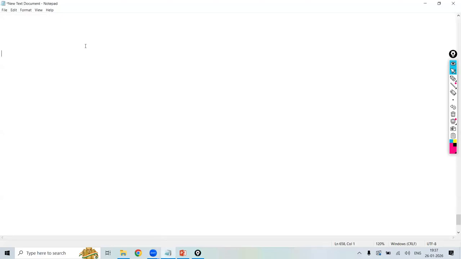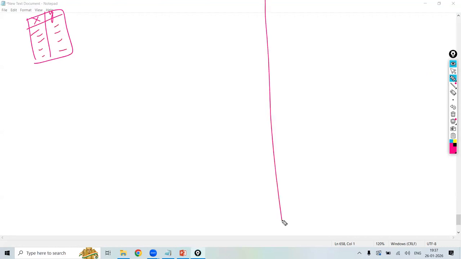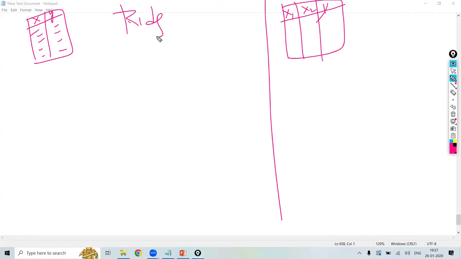Next, coming to ridge in a similar way. Now for ridge also, for a simple regression project, that is X and Y, and similarly for a multi-regression project. For ridge, what is the equation? Y hat is equal to beta 1x plus beta naught. Now tell me guys, what have you observed between linear, lasso, and ridge, the three of them? For a simple regression project, with one input variable, what is the difference in the equation?